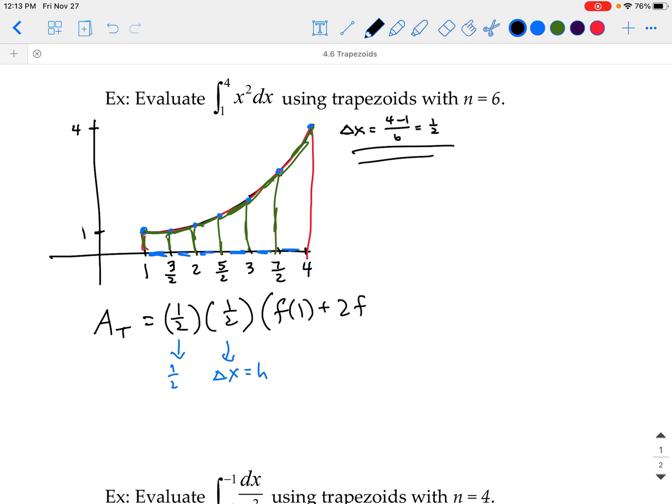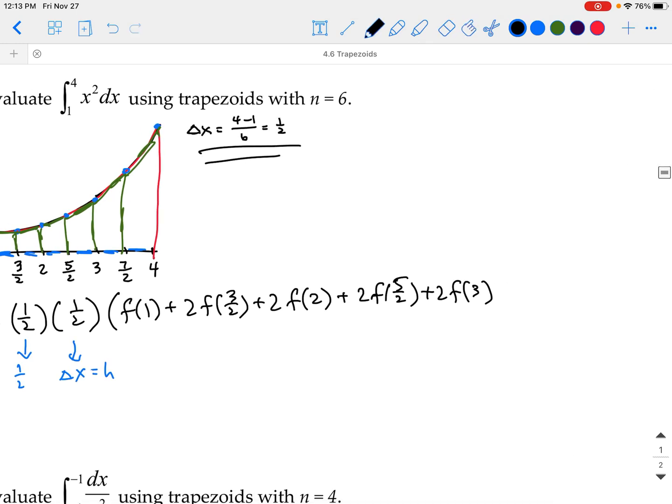So that's going to be f of 1 plus 2 f of 3 halves plus 2 f of 2 plus 2 f of 5 halves plus 2 f of 3 plus 2 f of 7 halves plus f of 4.